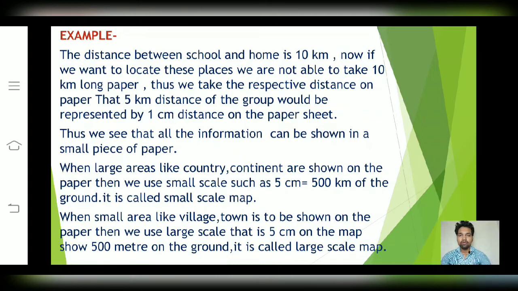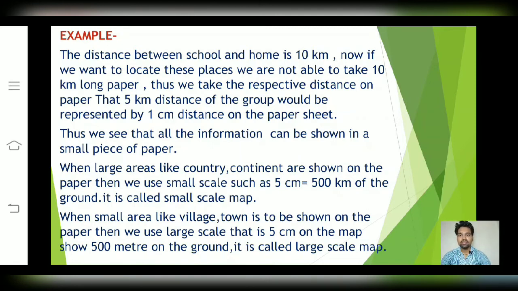So if we represent 5 centimeters as equal to 500 kilometers, what does it mean? It means that if we draw a 5 centimeter line on the paper, it will actually represent 500 kilometers on the ground. So this type of map scaling is basically called a small scale map.